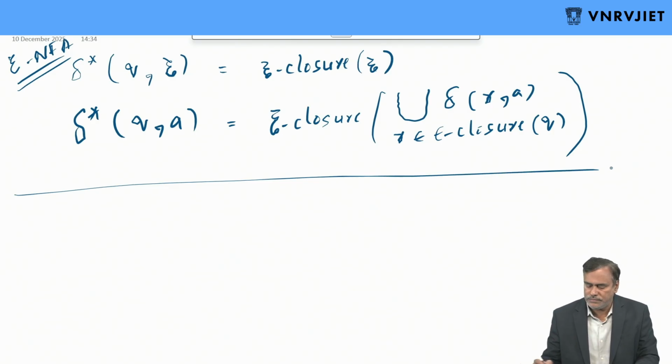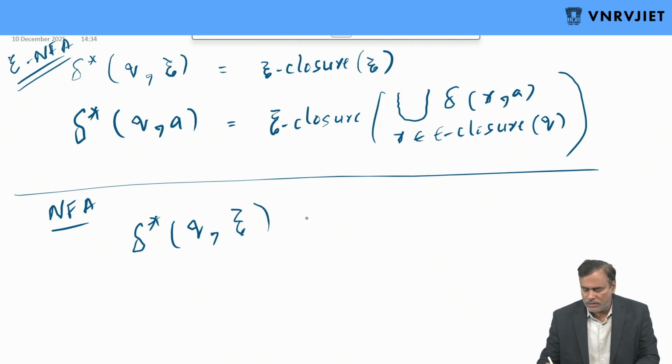In a similar fashion, the transition function for NFA can be stated as follows. Delta star of Q on epsilon is Q itself. Note down the basic difference between the transition functions on epsilon.